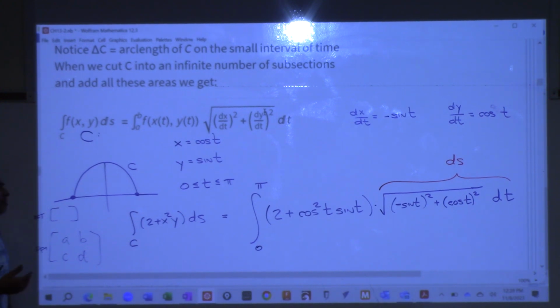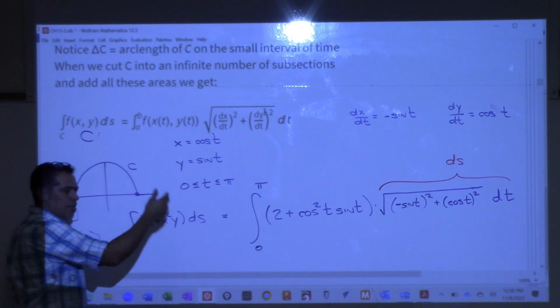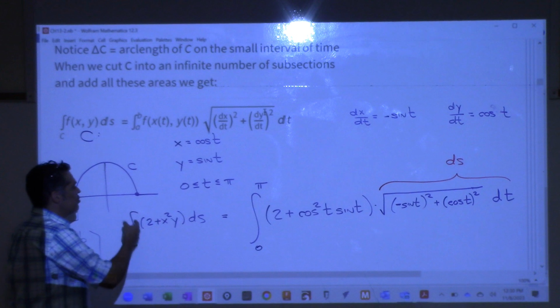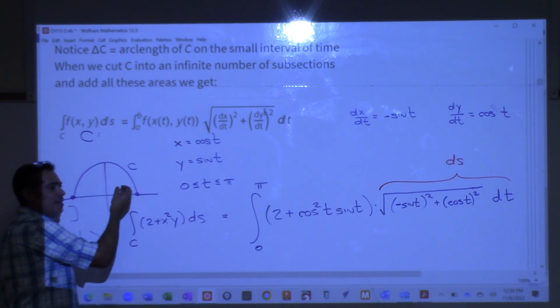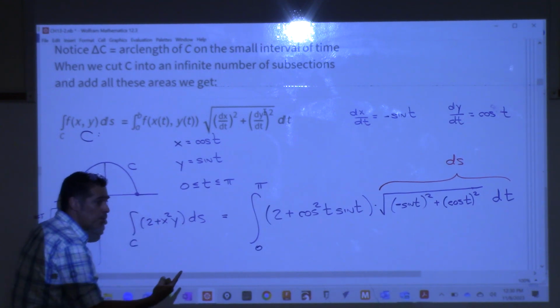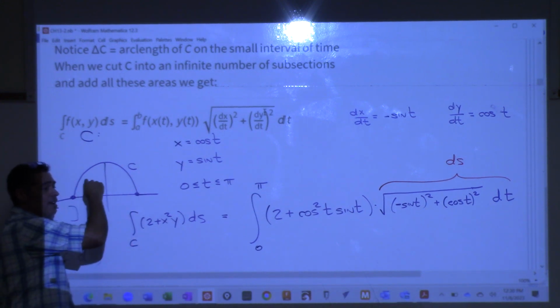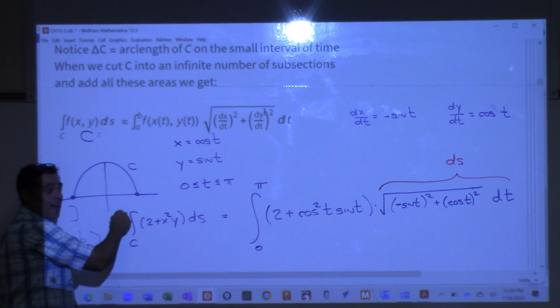I think the thing that's being kind of lost in this is that we're not changing our curve. It's not like moving from this curve in this space to another curve in another space. All we're doing is changing the way we draw this, getting it in terms of a single parameter, as opposed to looking at this as y is a function of x.